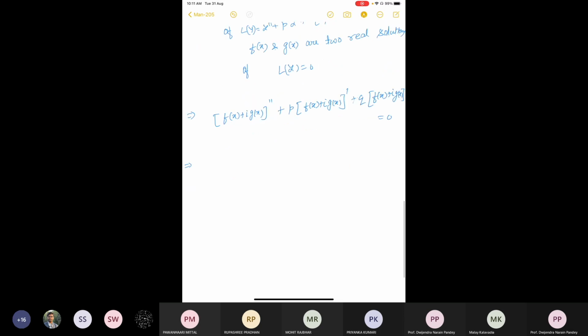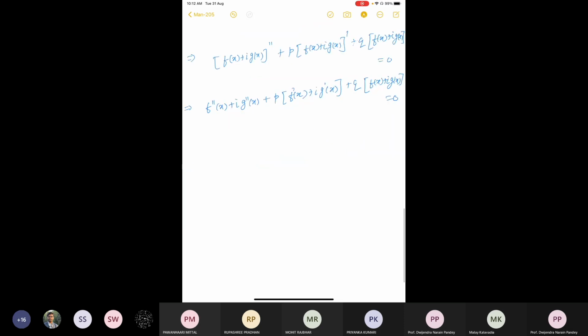Now, find out the double derivative: f''(x) + i g''(x) + p (f'(x) + i g'(x)) + q (f(x) + i g(x)). Now, write down the real part and imaginary part separately.